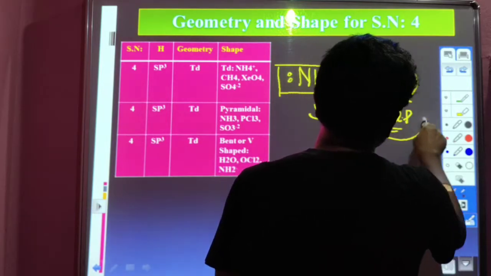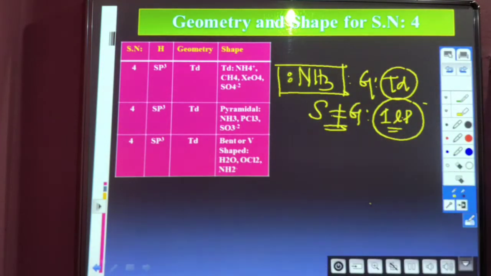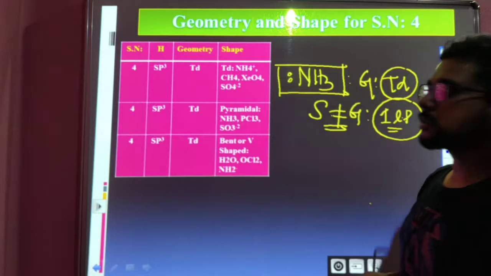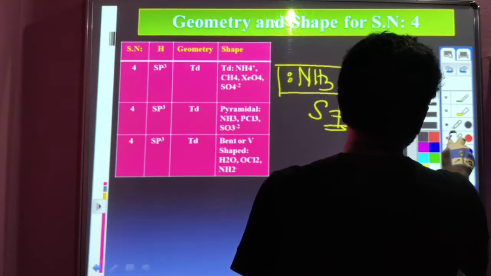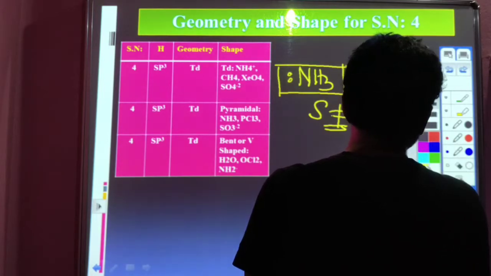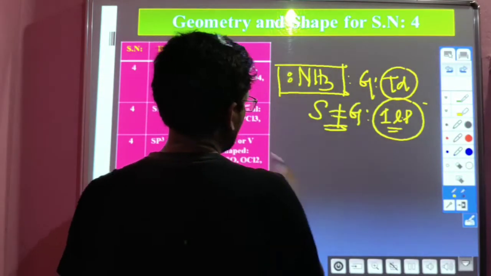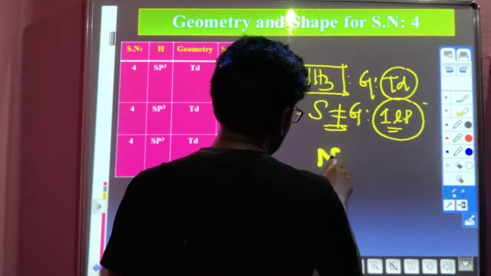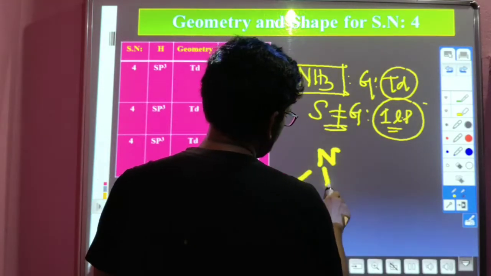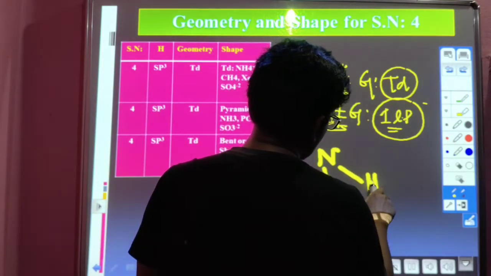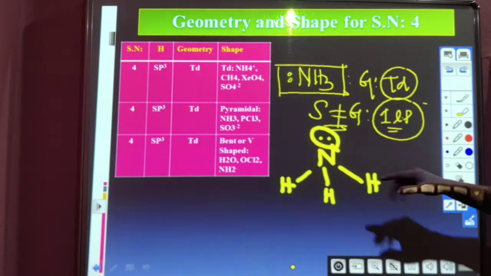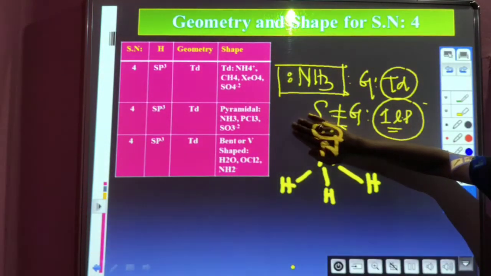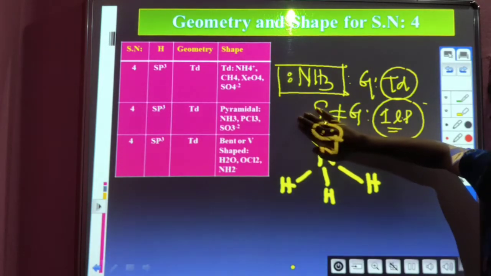So whenever lone pair is present, the distortion will arise. Let me draw that. Shape will be pyramidal: N with H, H, H and a lone pair. Don't look at this lone pair while talking about shape.